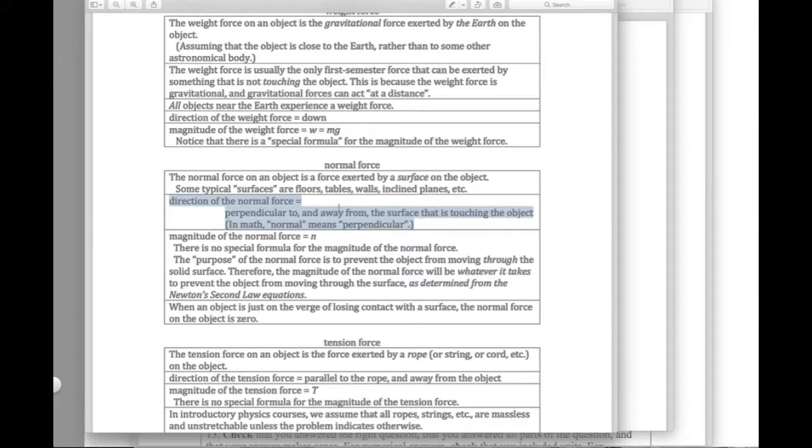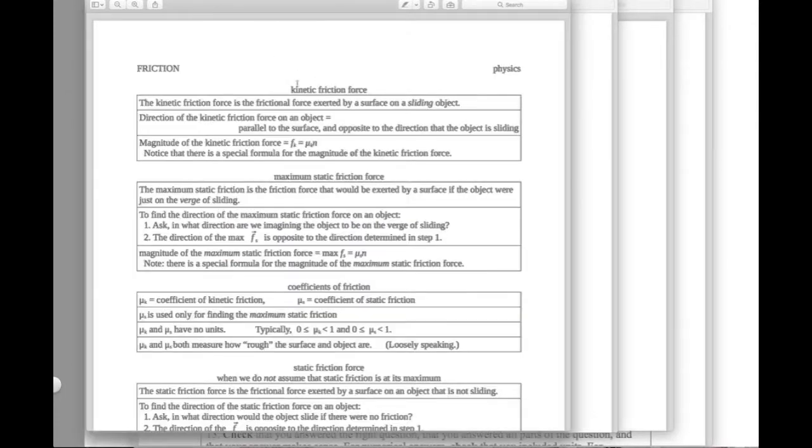The normal force pointed to the left, perpendicular to and away from the wall. Remember, there are some problems where the normal force points up, but you certainly should not assume that the normal force always points up. This was a case where the normal force pointed to the left, so we had to adapt to that. And here's our simple rule for the direction of the kinetic friction: parallel to the surface and opposite to the direction that the object is sliding.